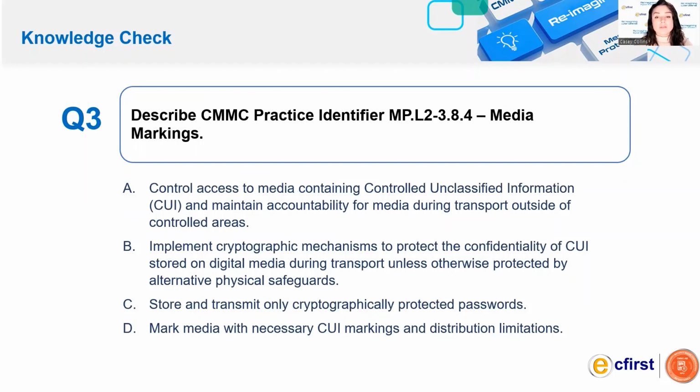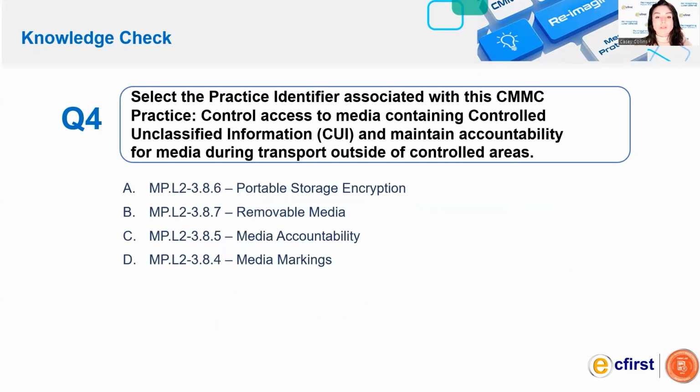Question 3, describe CMMC practice identifier media markings. Media markings can be found at MP.L2-3.8.4. And our answer for question 3 is D. Mark media with necessary CUI markings and distribution limitations. Question 4.